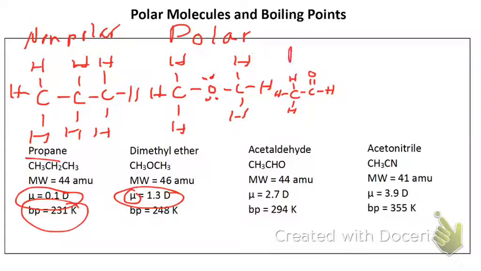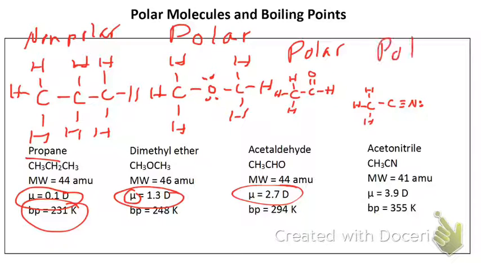And it is also going to be polar, and the dipole is much bigger, so it's getting more polar so far. And then the last one we're going to look at is CH, H, H, and then we're going to have this nitrogen double bonded here, with lone pairs on it. And this, of course, is also going to be polar as well.